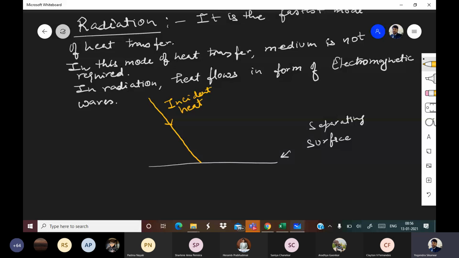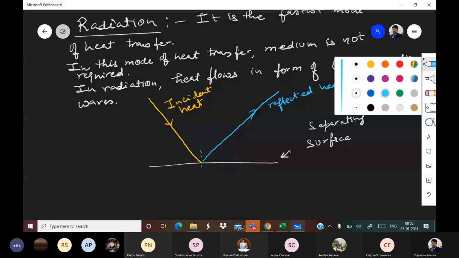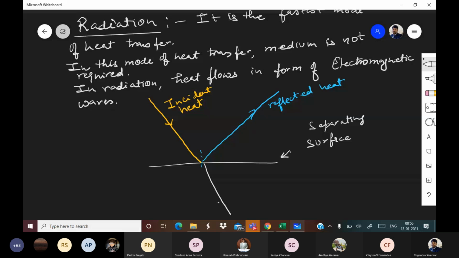Now this incident heat can be reflected, or this heat can pass through.